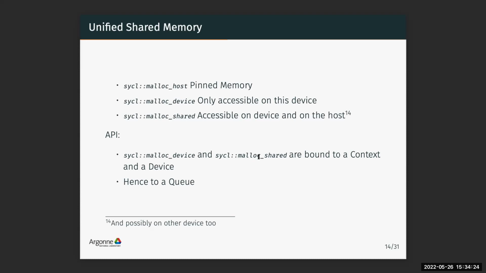Host, malloc host, uses pinned memory; malloc device will allocate memory on the device; and shared will allocate shared memory. The API is just allocate, like we showed before. A memory is bound to a context and lives on one particular device. And so that means it is bound to a queue. So you can use a queue to allocate memory, and we'll show that later. So nothing special.